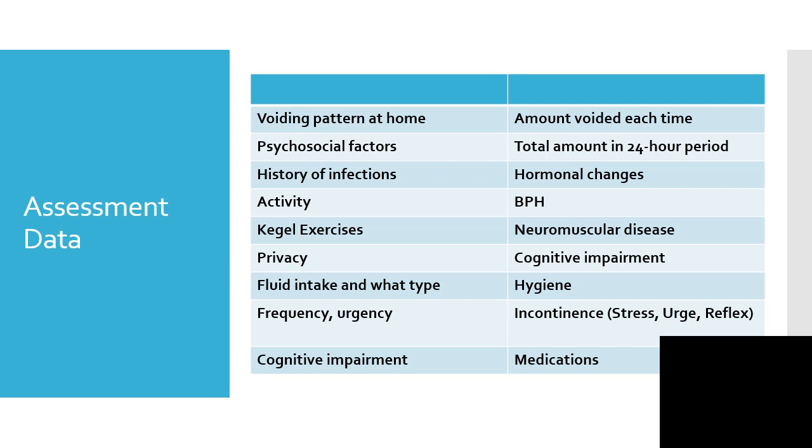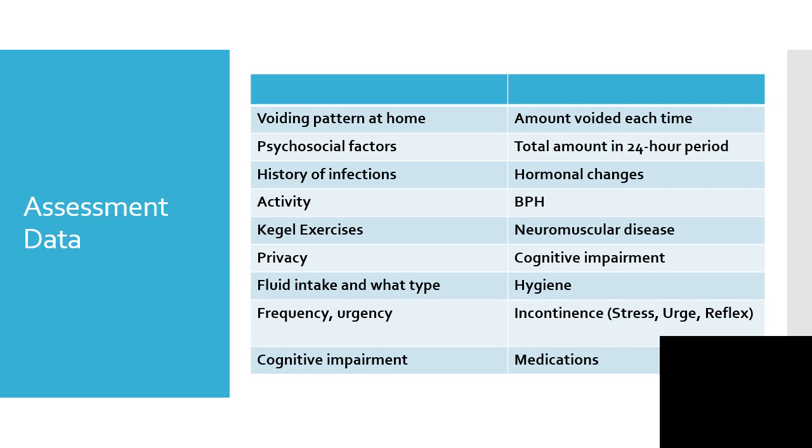This chart helps review all the different possible factors that your patient might have and to take into consideration when you're doing your assessment. You want to know what their voiding patterns are like at home, and are there psychosocial factors that maybe impair them from being able to empty their bladder or their bowel. History of infections. Is this a patient that has frequent urinary tract infections?